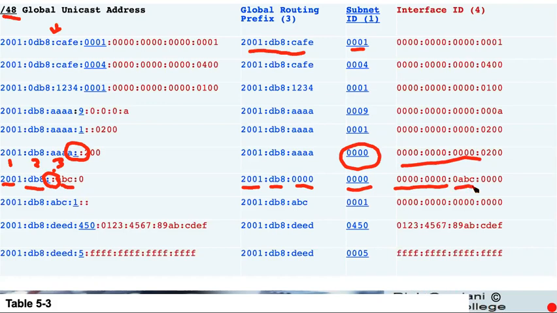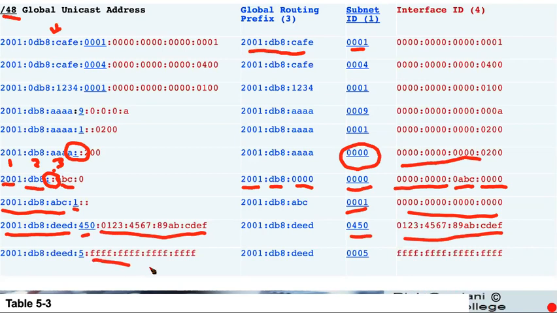This is what the rest of the address would look like, writing it out in the preferred format. Here's the subnet ID, and then all zeros. Here's my interface.